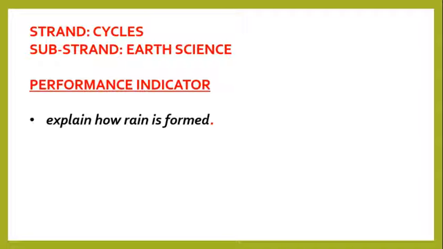We also looked at dew points, ice, gravity, precipitation. If you have missed that lesson, I advise that you go back to Tuesday's lesson and review that lesson before you watch this one so that your understanding will be better.